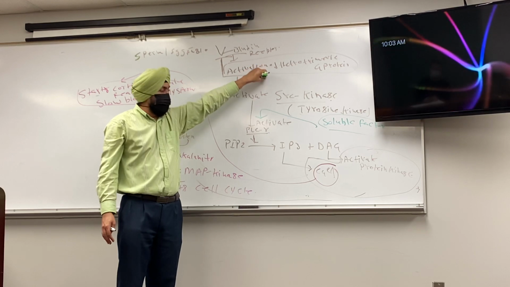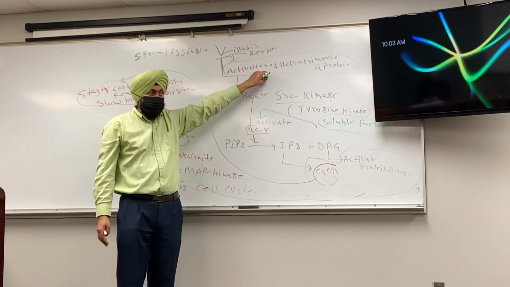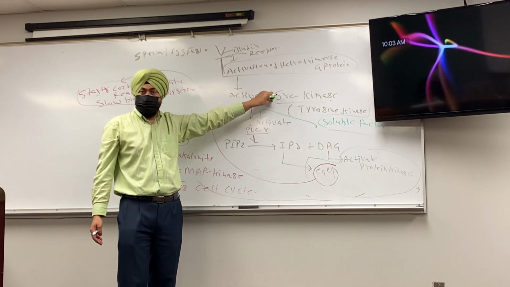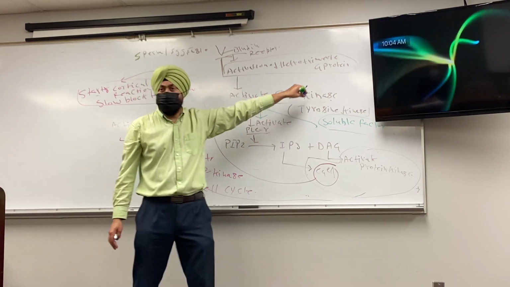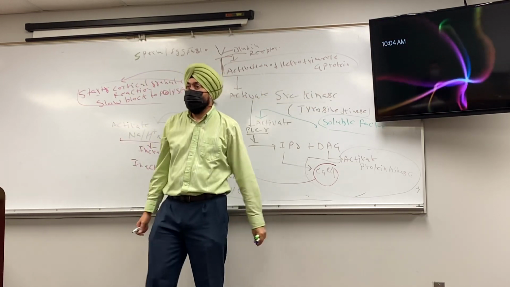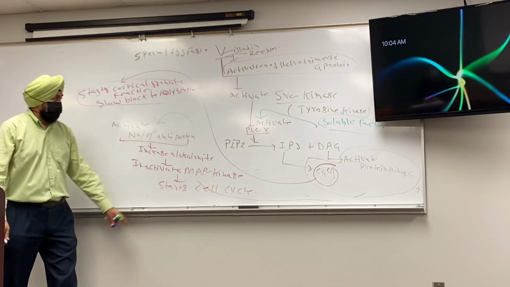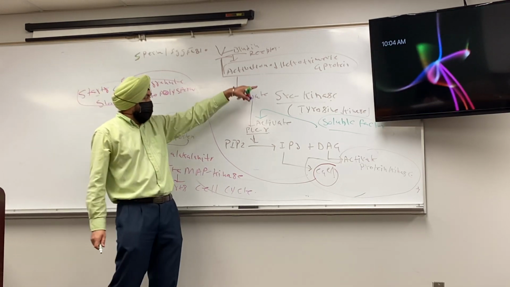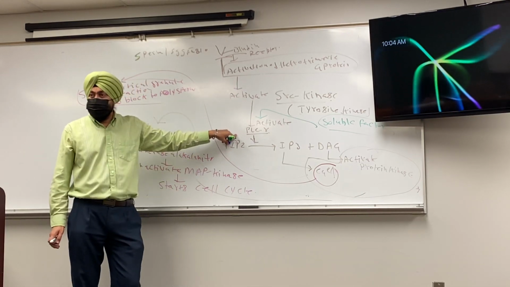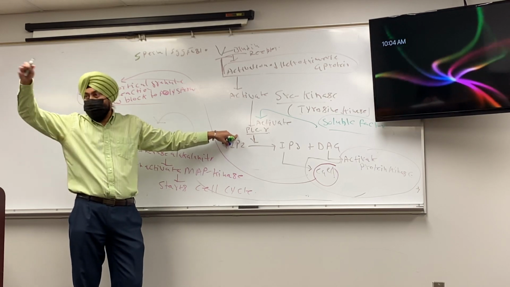And when those trimeric G proteins are activated, they are going to activate a Src kinase. In this special case, that is a tyrosine kinase activation taking place. And when that Src kinase is activated, that is going to activate the PLC gamma, which is also in the membrane.